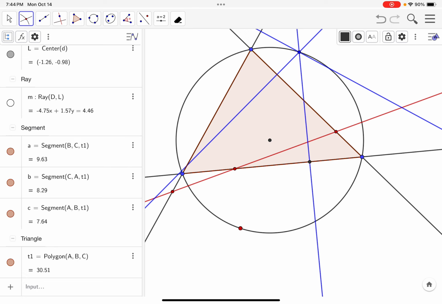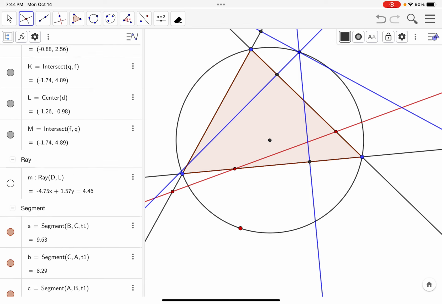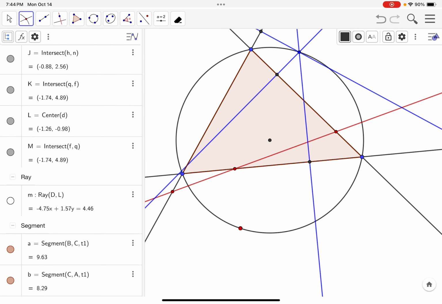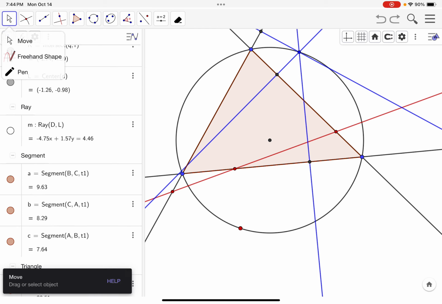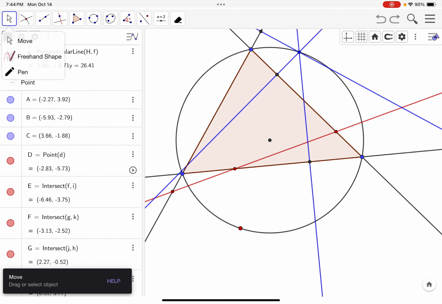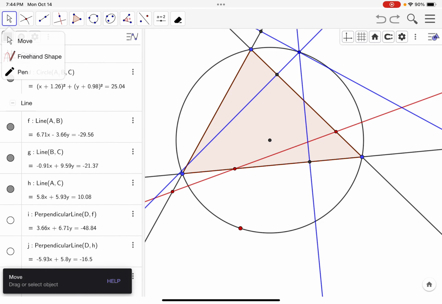So these two intersect there, these two intersect there, and this one. Oops. Okay, I've got my three intersections. I might have actually hit one too many. There we go.